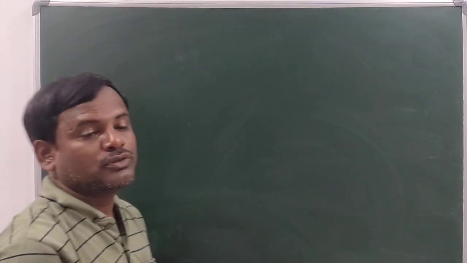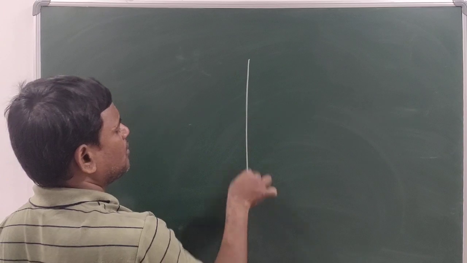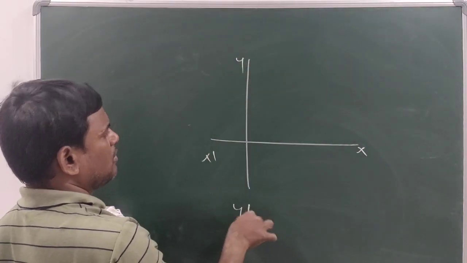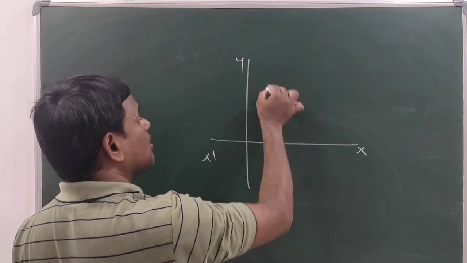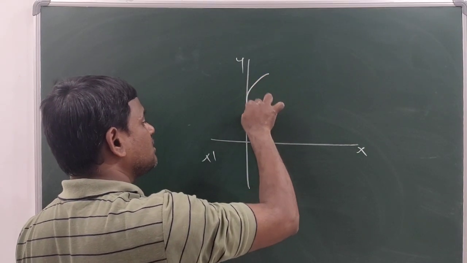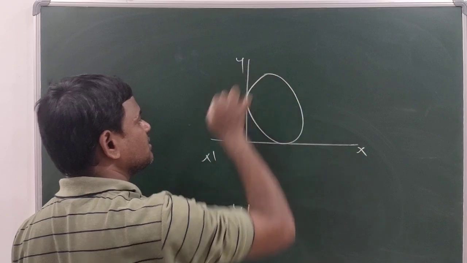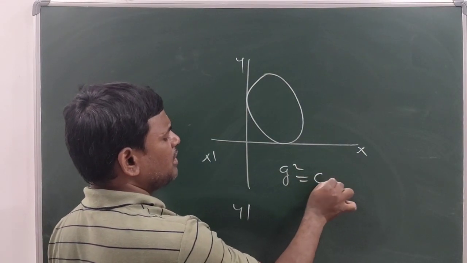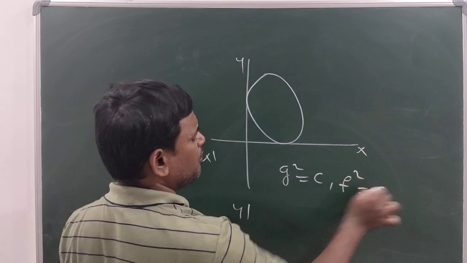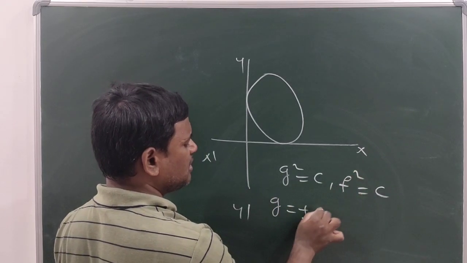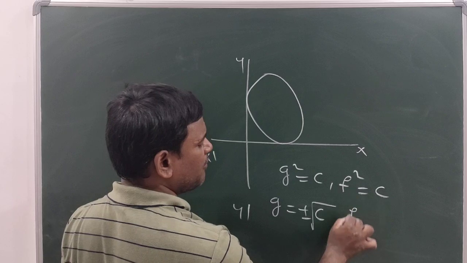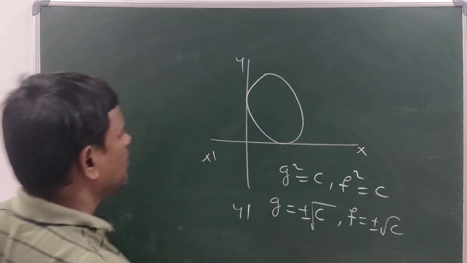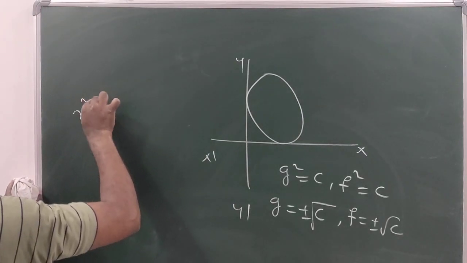Now, suppose if the circle touches both the axes, x-axis as well as y-axis. In this case, g square equal to c and f square is equal to c you will get. Now g is equal to plus or minus root c and f is equal to plus or minus root c. Okay, and go back and substitute in this circle equation.